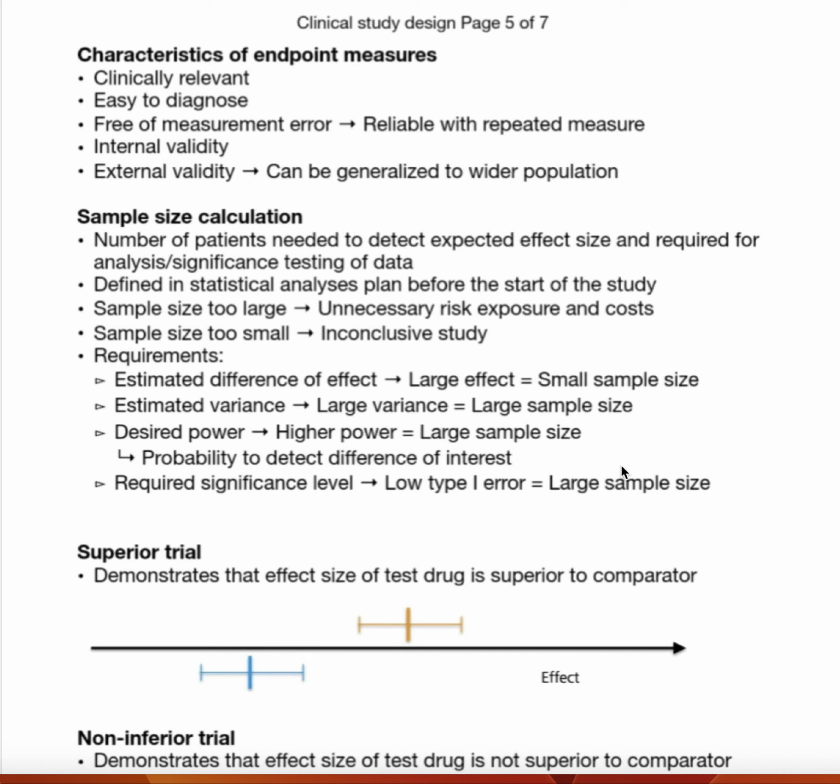But if I'm talking about the variance, like I'm just discussing the variance between the population, if you make the sample larger, then you reduce the errors here. And for the desired power, if I want high power, that means a large sample size. If I want to avoid type 1 errors, I mean the randomized error, then you make the sample large, because we said the systematic error doesn't matter whether you make the sample size big or small, it's not affected.